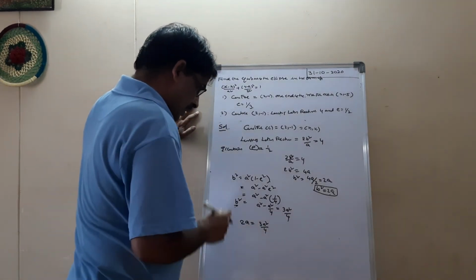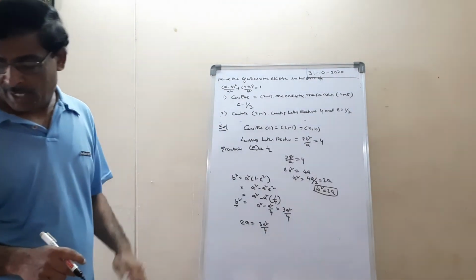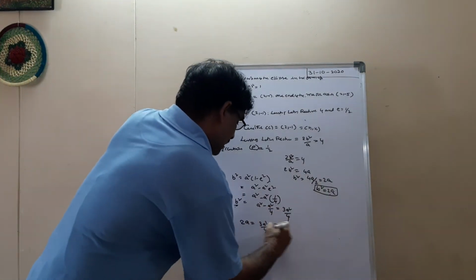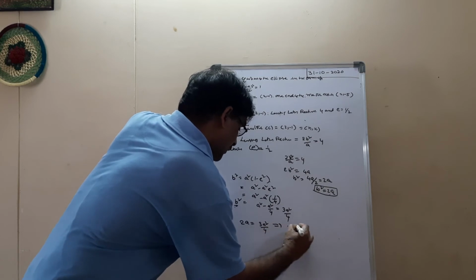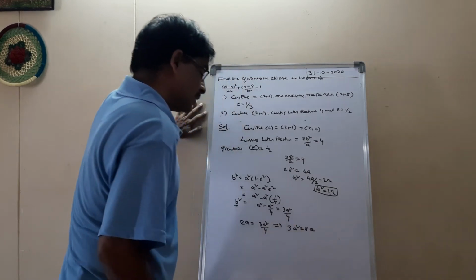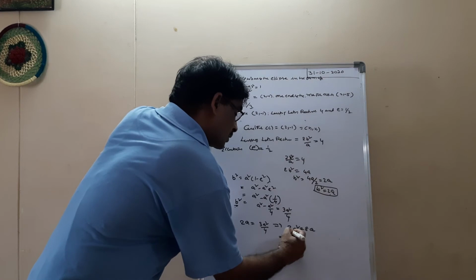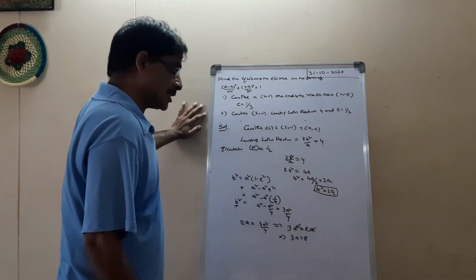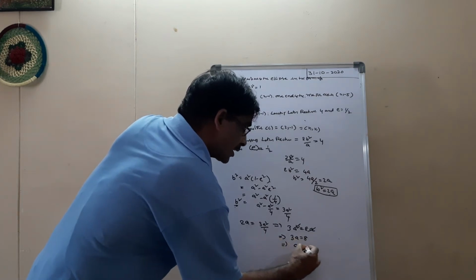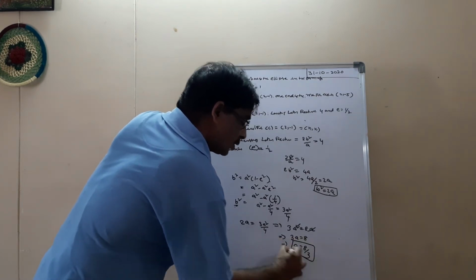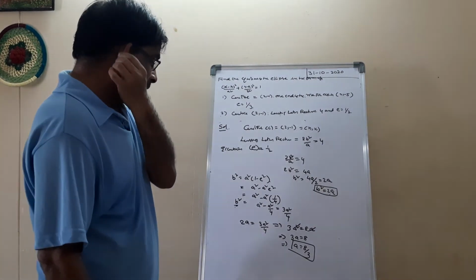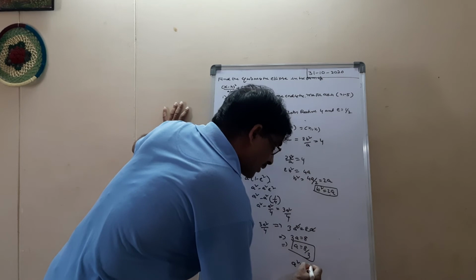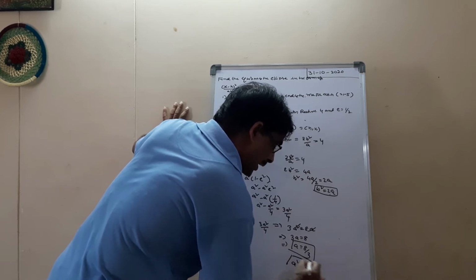By cross multiplication, 3a square equal to 8a, or 3a equal to 8. You cancel a on both sides. Then a equal to 8 by 3. We have the a value 8 by 3. So a square equal to 64 by 9.